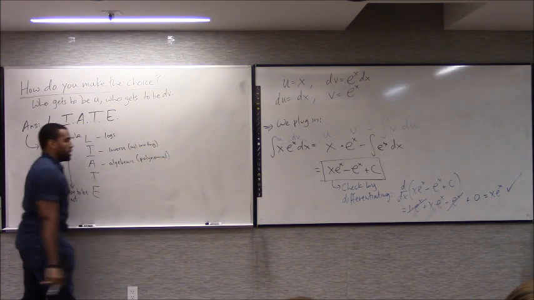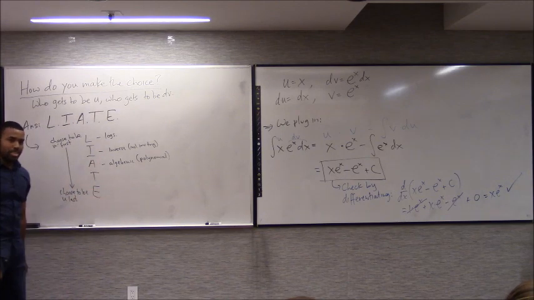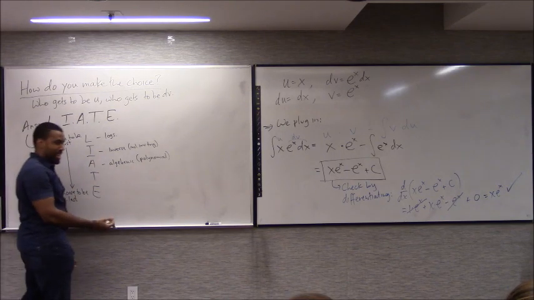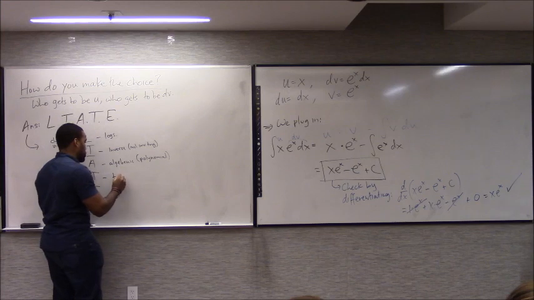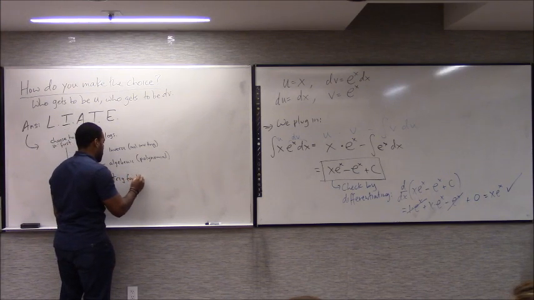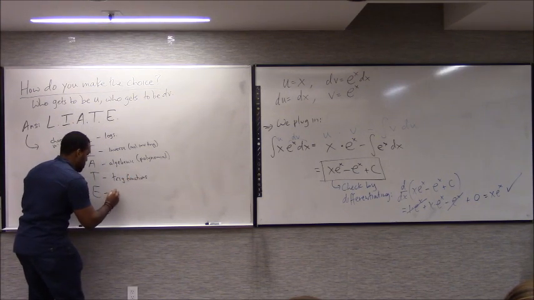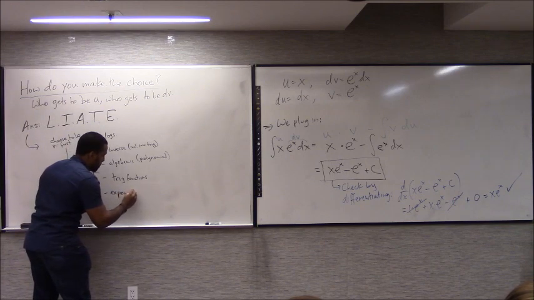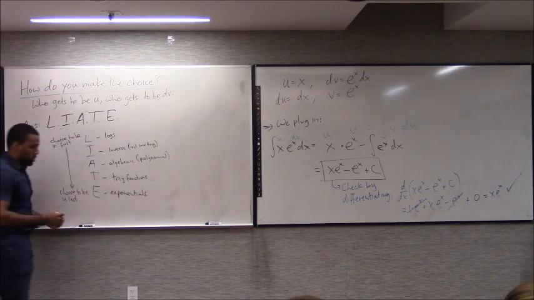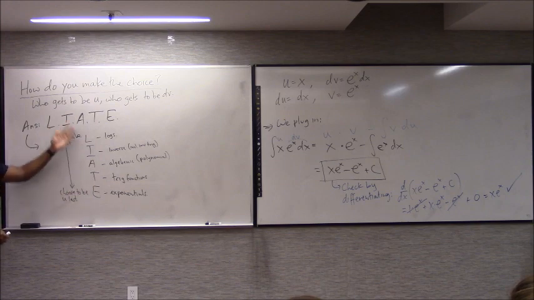But lipstick doesn't really roll off the tongue, so they throw an A in there. T stands for trig functions. E stands for exponential functions. So whenever you have a product that involves these different kinds of functions, you choose your U based on who is higher in this list.